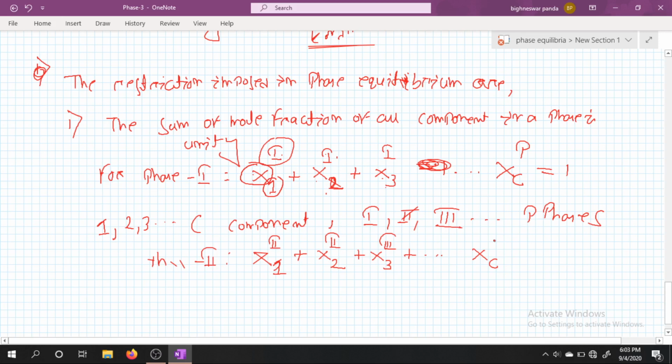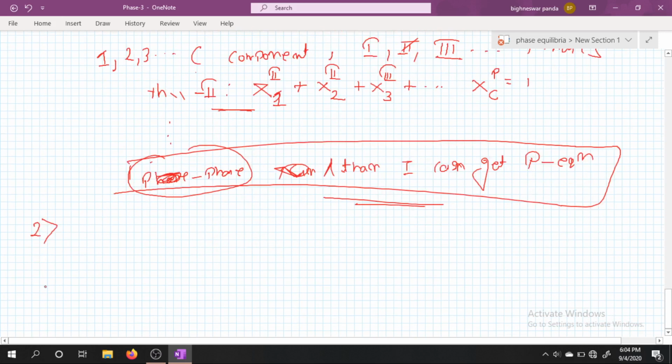And another is for chemical equilibrium. We have already studied that: chemical potential of component 1 in phase 1 should be equal to chemical potential of component 1 in phase 2 should be equal to chemical potential of component 1 in phase 3.